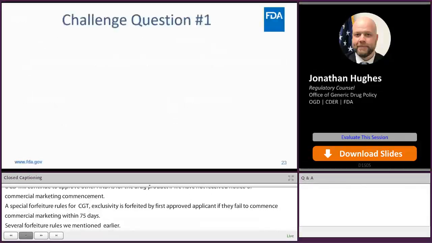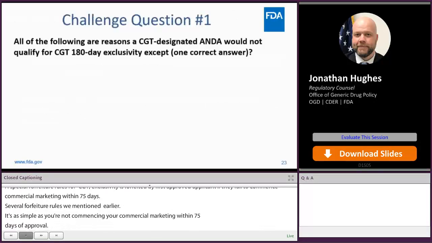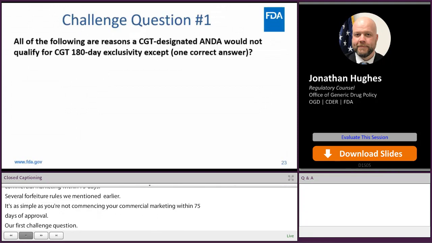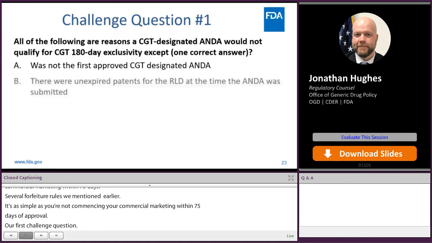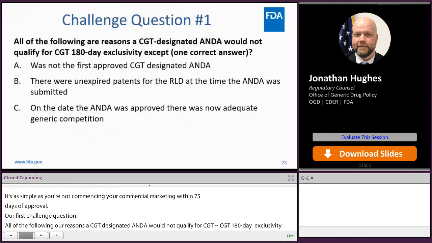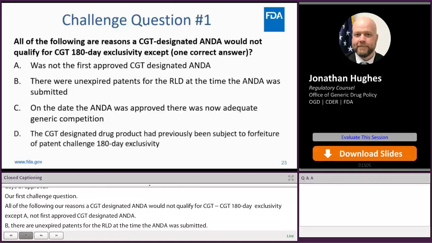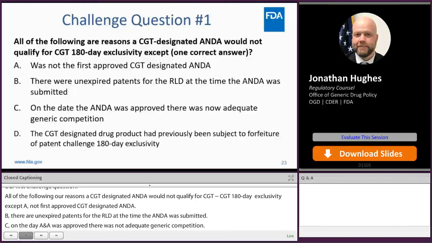Our first challenge question: all of the following are reasons a CGT designated ANDA would not qualify for CGT 180-day exclusivity except: A, was not the first approved CGT designated ANDA; B, there were unexpired patents for the RLD at the time the ANDA was submitted; C, on the date the ANDA was approved, there was now adequate generic competition; D, the CGT designated drug product had been previously subject to forfeiture of patent challenge 180-day exclusivity.